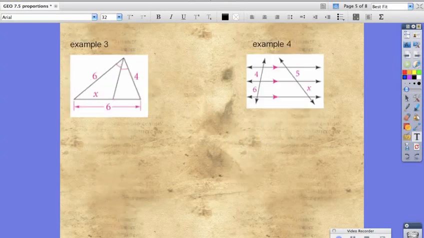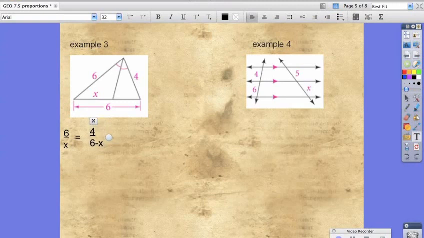Example 3, same exact idea. We just need to be careful of the 6 taking up the whole base. So, really what we're looking at again is 6 divided by x equal to 4 divided by 6 minus x.